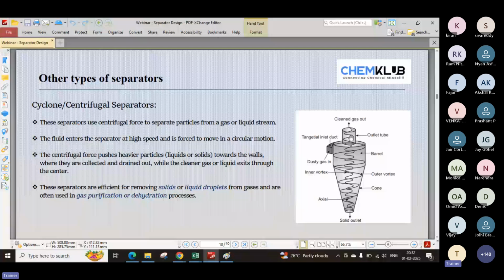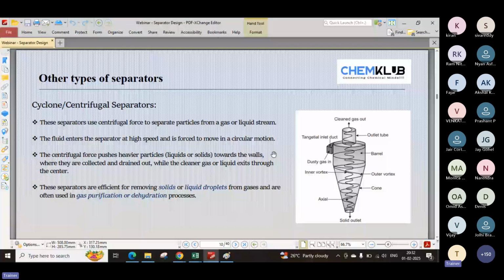These are generally used when you have solids present. At the same time, when you observe entrainment of liquid particles in the gas, we use cyclone devices to avoid the carryover of the liquid particles. That we'll see in the next things as well.